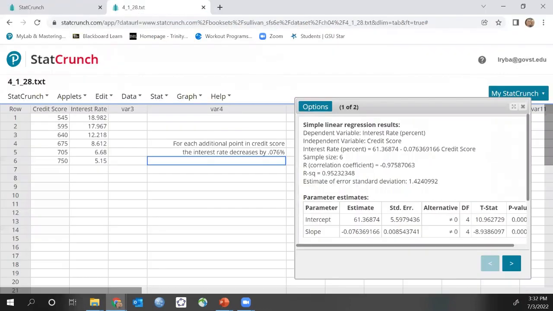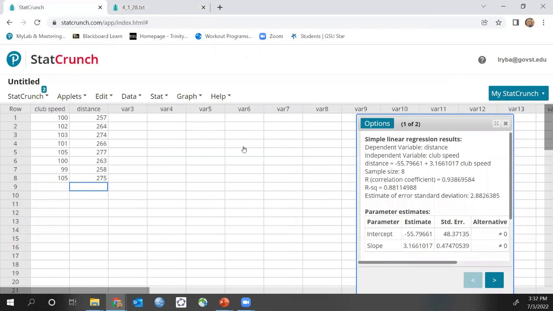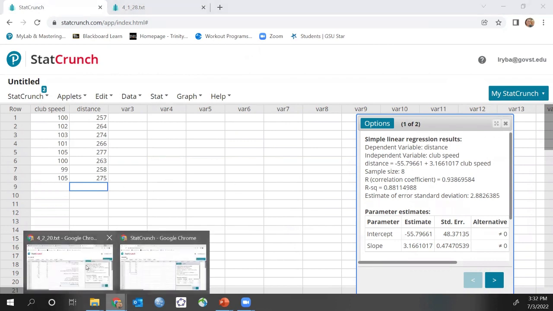Looking at credit score, do I have any x values close to 0? No, so the y-intercept makes no sense. Club speed, there are no x values close to 0. The y-intercept is not something that we would discuss.